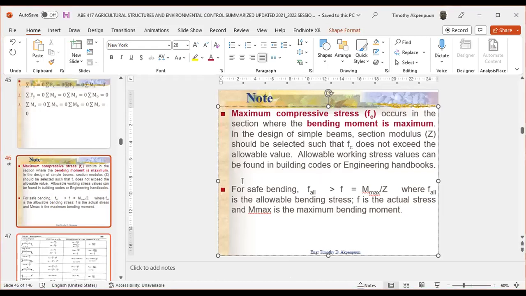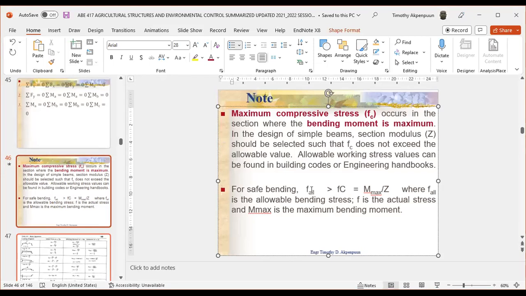Okay. And this is what he's saying. For safety, the whole of this thing here, it says, okay, in this design of simple beams, section modulus Z should be selected such that FC does not exceed the allowable value. Allowable working stress values can be found in this. So this one here, this is FC.